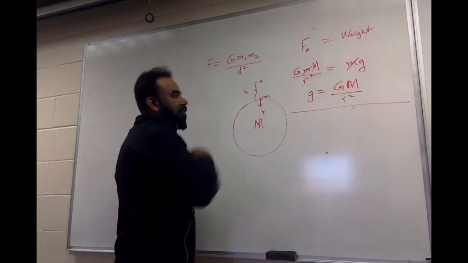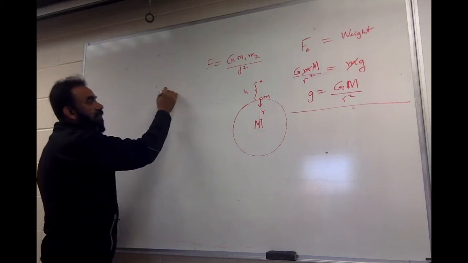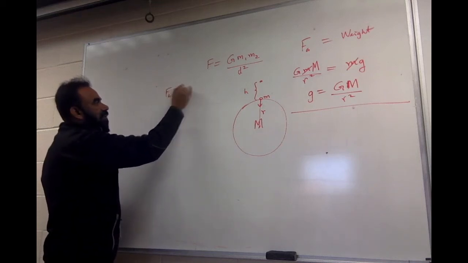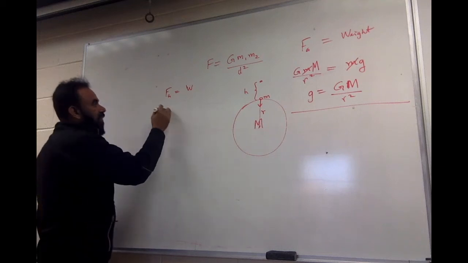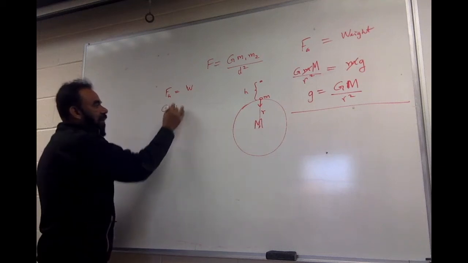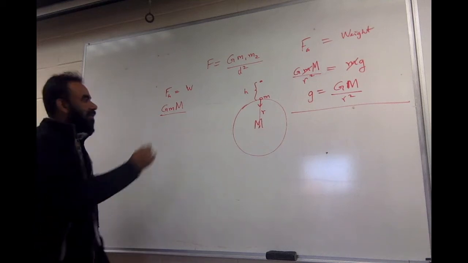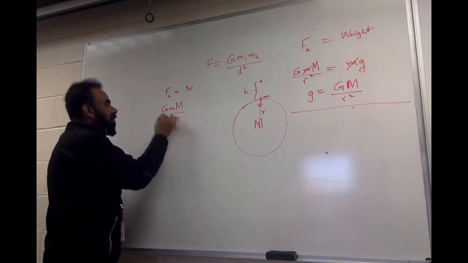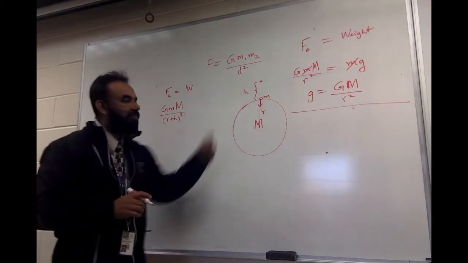For this location, how is that equation going to be different? That equation is going to be force of gravity is equal to the weight. But what's the force of gravity there? It is GMm over (r plus h) squared, because I'm going higher now.